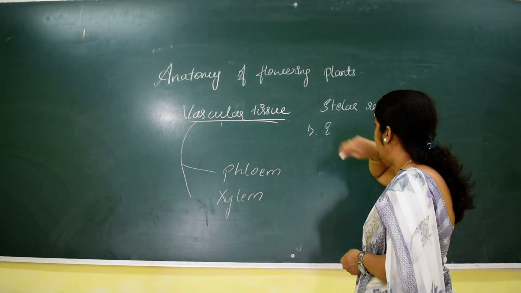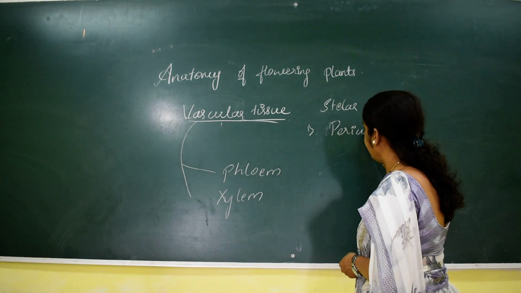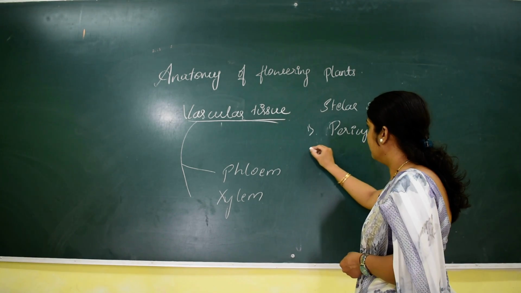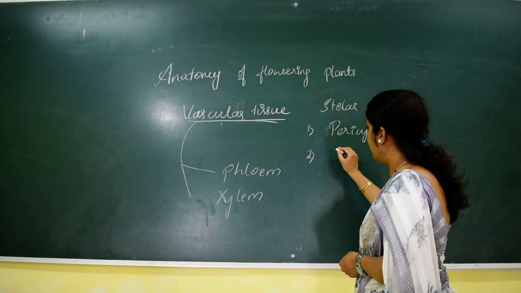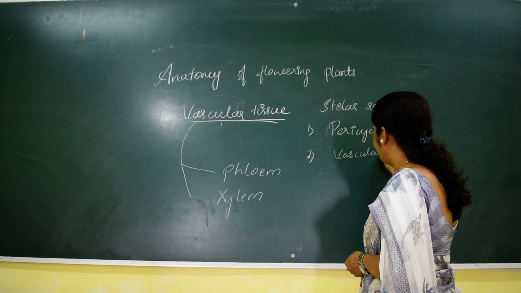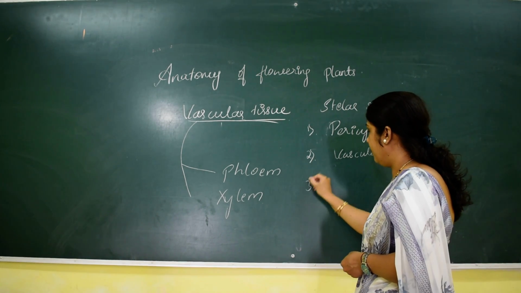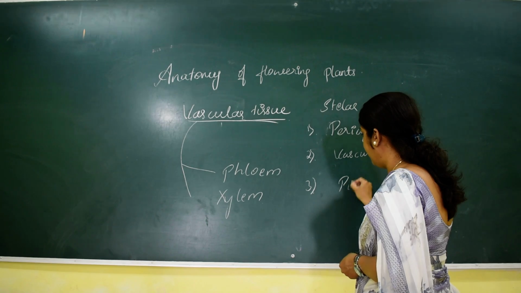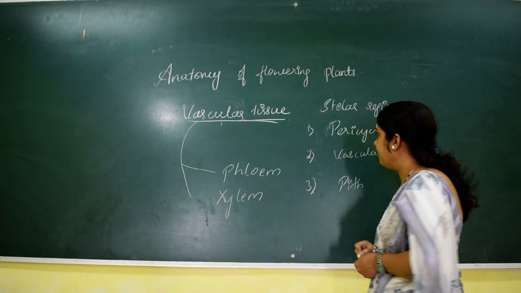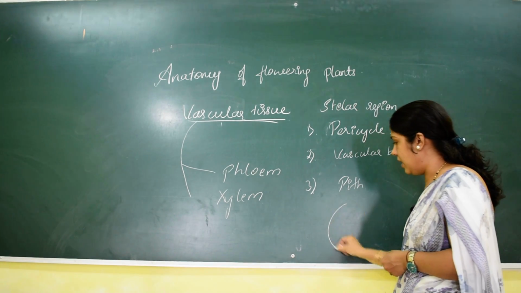The outermost region of the stele is the pericycle, next the vascular bundles, or you can say xylem and phloem, and the last, third one, is the pith region. So these are the main three regions seen in the stele.